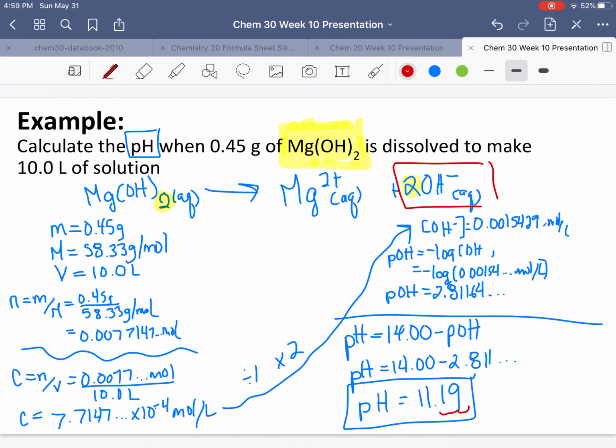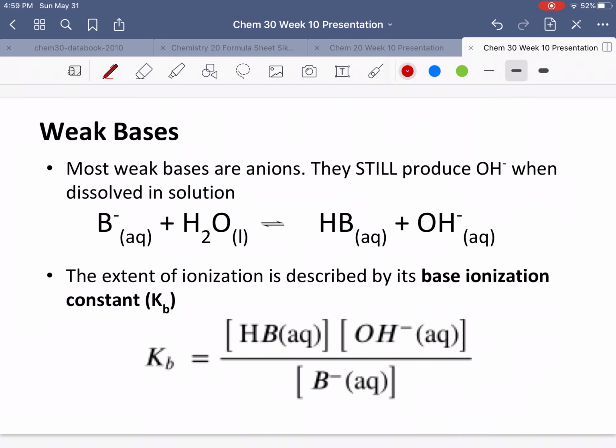There we go. Okay, so remember, that was for a strong base. What if we start to twist this around a little bit and we work into a weak base? Now, generally speaking, with most of our weak bases, we're going to see anions, which are negatively charged ions. They still, when they react with water, produce hydroxide, but it is not quantitative.